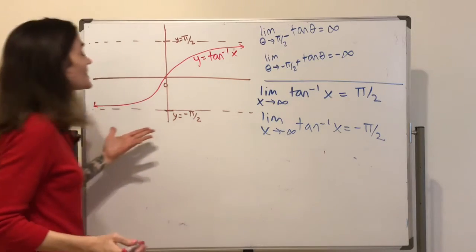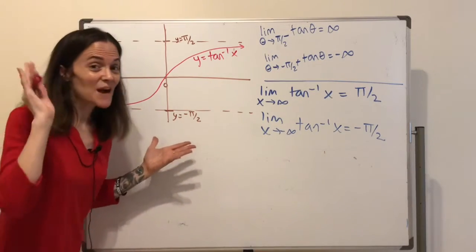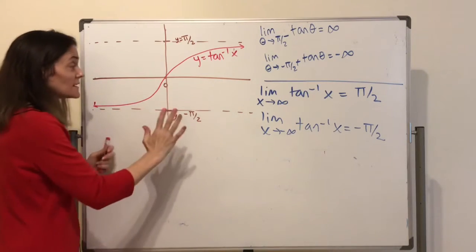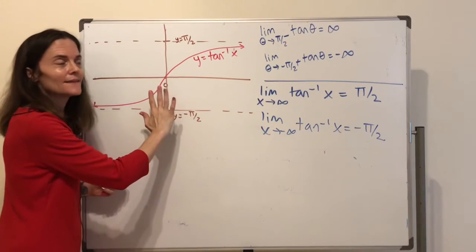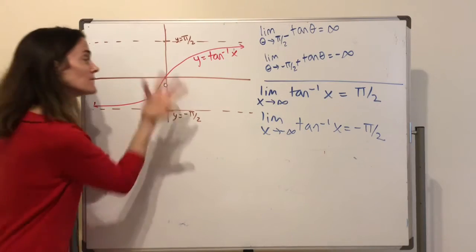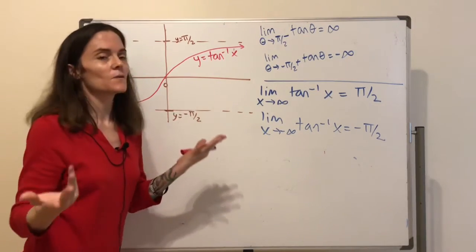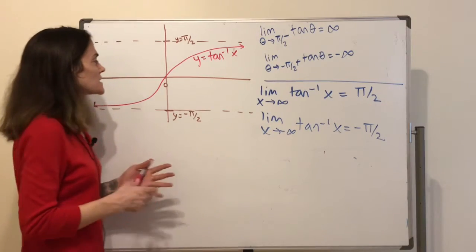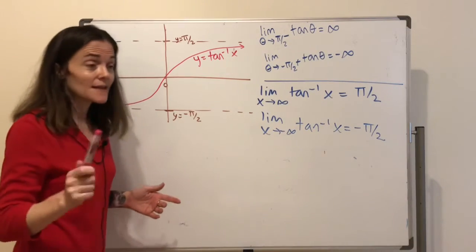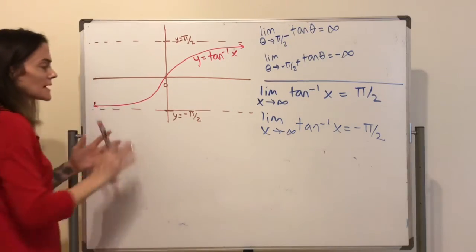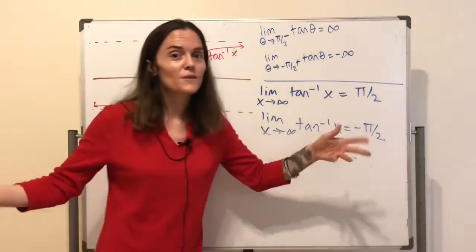This is the inverse tangent. I hope this is what you were thinking about when I asked you to envision it. We took the tangent, okay? And then we reflect it or flip it about the line y equals x. Interchange x and y, and this is the inverse function. But the reason I like graphing this inverse function the most out of all of the trig is because, as I mentioned, this is defined on the whole real line.